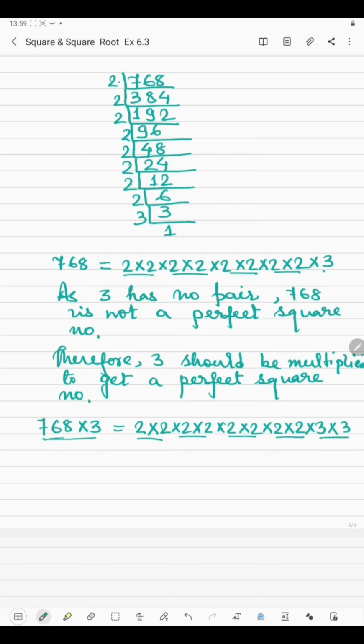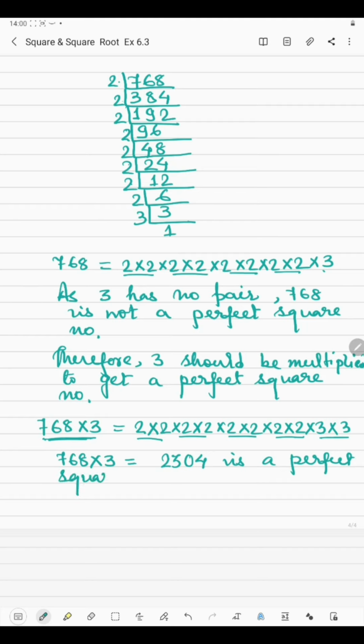So whatever you will get after multiplication will be a perfect square number. So 768 multiplied by 3. 3 4s are 12, 2 carry, 3 6s are 18, 18 plus 2 is 20, 2 carry, 3 7s are 21, 22, 23. So 2304 is a perfect square number.